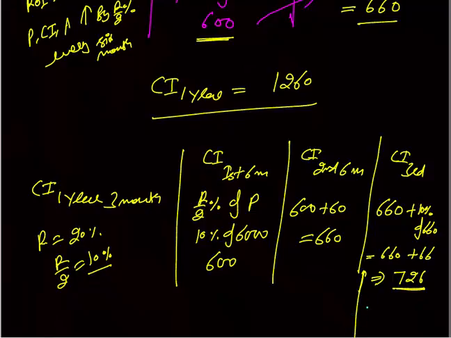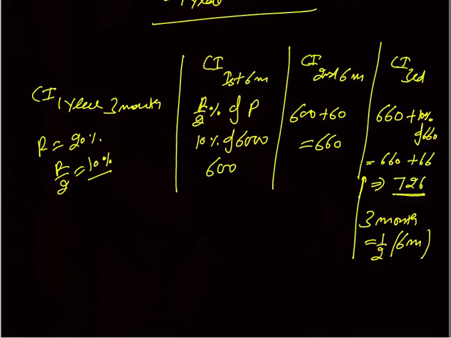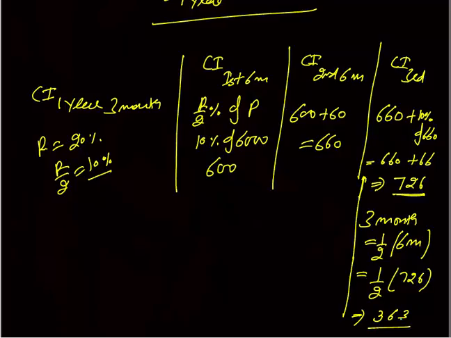For 3 months, we know that 3 months is half of the 6 months period. So 3 months interest would be half of 726, that is 363. This will be your compound interest for 3 months. Because for the entire third 6 months it is 726, for 3 months it will be half of this, 363.